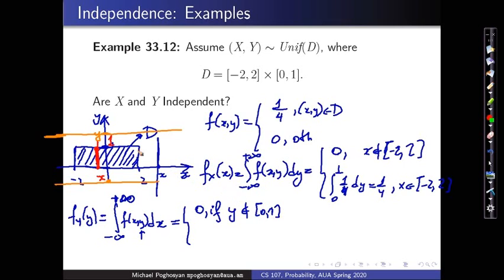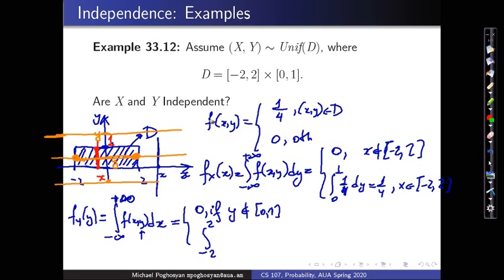And what will happen if y is between 0 and 1? Y is here. So I'm integrating over this line. In fact, I'm integrating over this segment, from this point to this point, from -2 to 2.